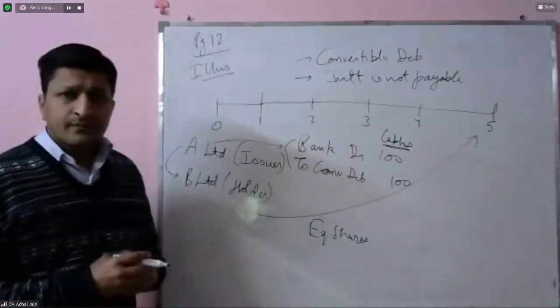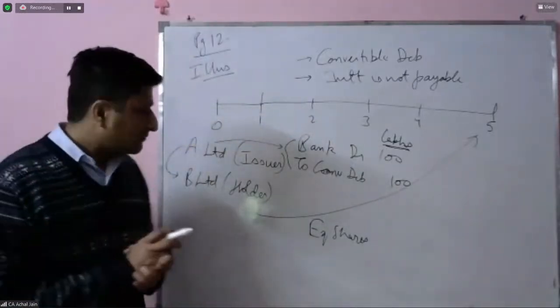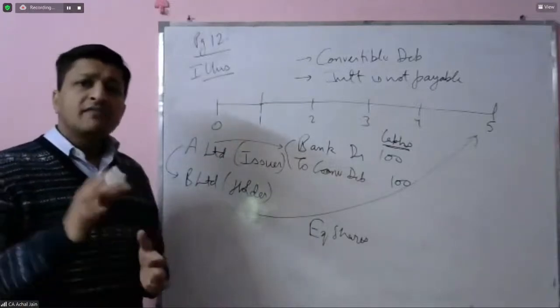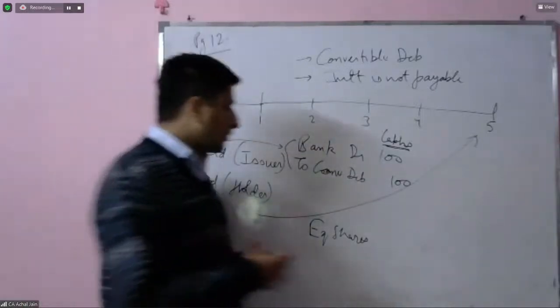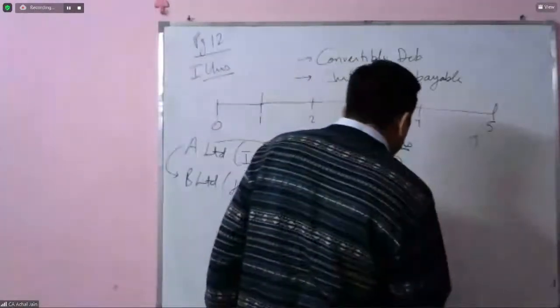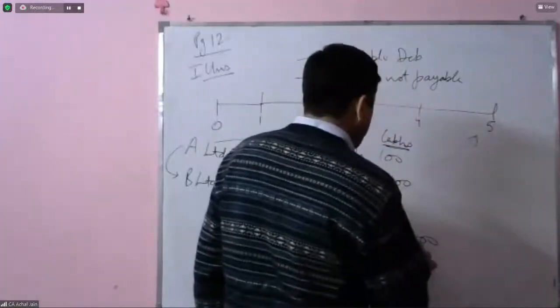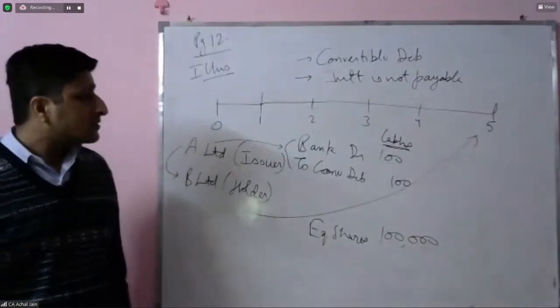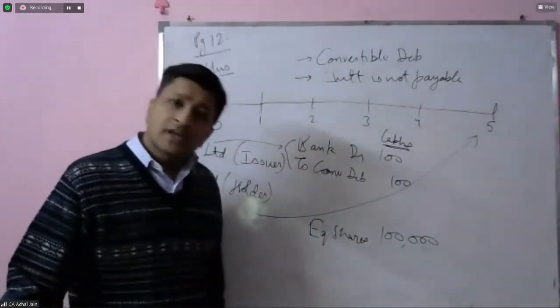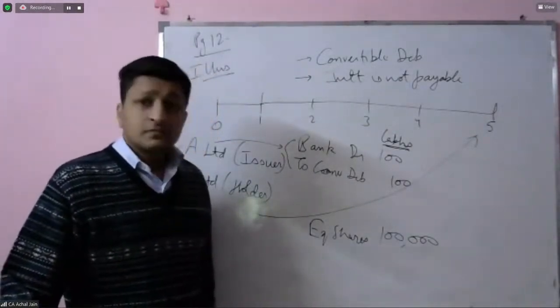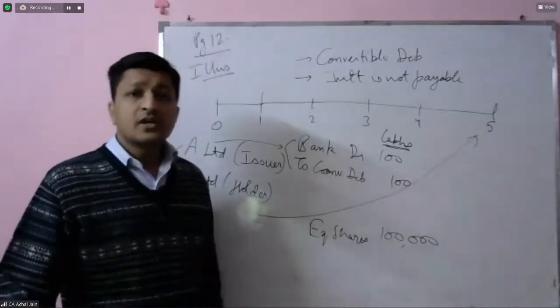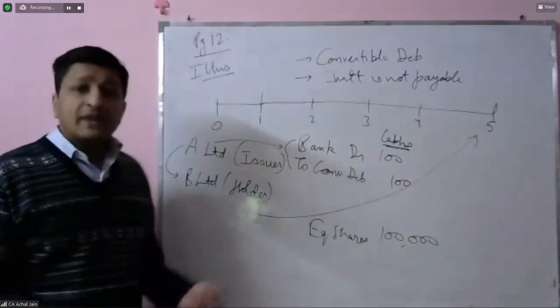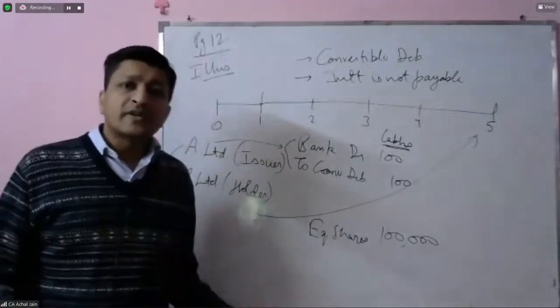Let's suppose A Limited says, I will issue you 1 lakh equity shares. Correct? Now 1 lakh equity shares will be issued, but at what price? That is not fixed.